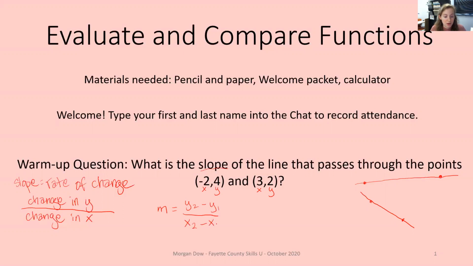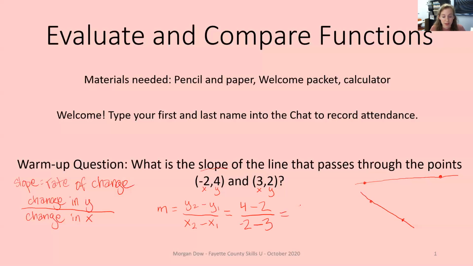Now those little numbers there, the y2, y1, x2, x1, those are just labels to indicate that we've got 2 different values that we're subtracting. So I'm going to go ahead and subtract. I'm going to subtract my y values, 4 minus 2. And I'm going to subtract my x values, -2 minus 3.